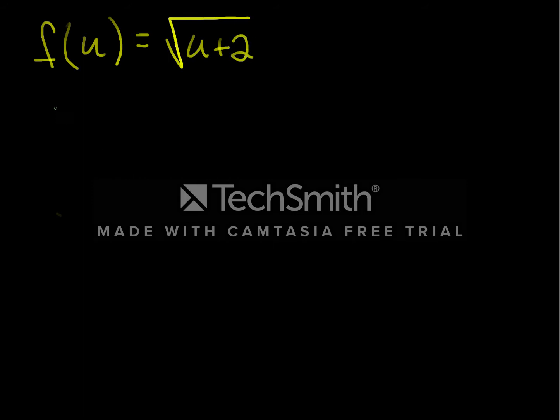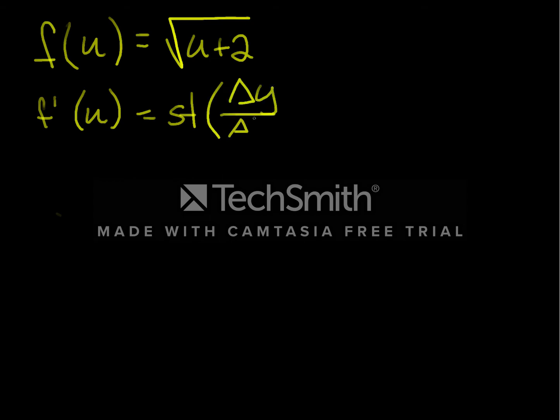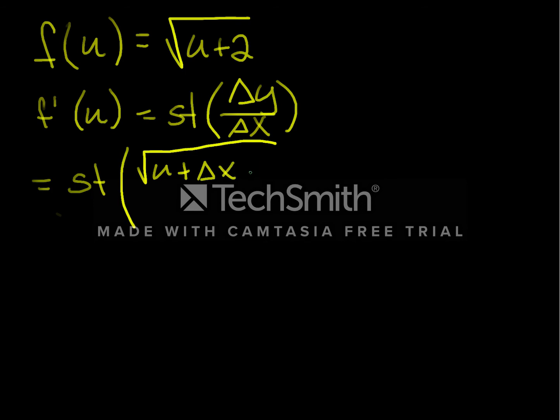Then f prime of u is the standard part of the change in y over change in x, which is simply the standard part of the square root of u plus delta x plus 2, minus the square root of u plus 2, all divided by delta x.